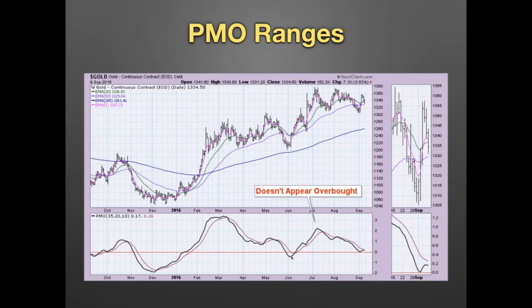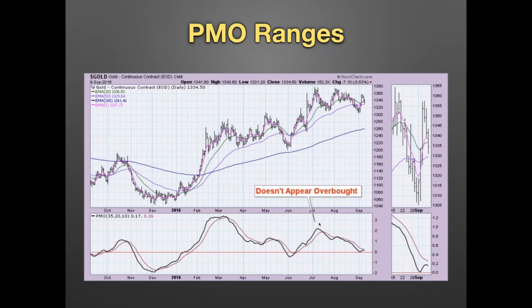So that was a good sign here that we were getting that turn on the PMO, that bottom, and then the crossover buy signal, and that came in really good right there. And it would have been believable because that bottom came in above the previous bottom. So that's a really good sign.